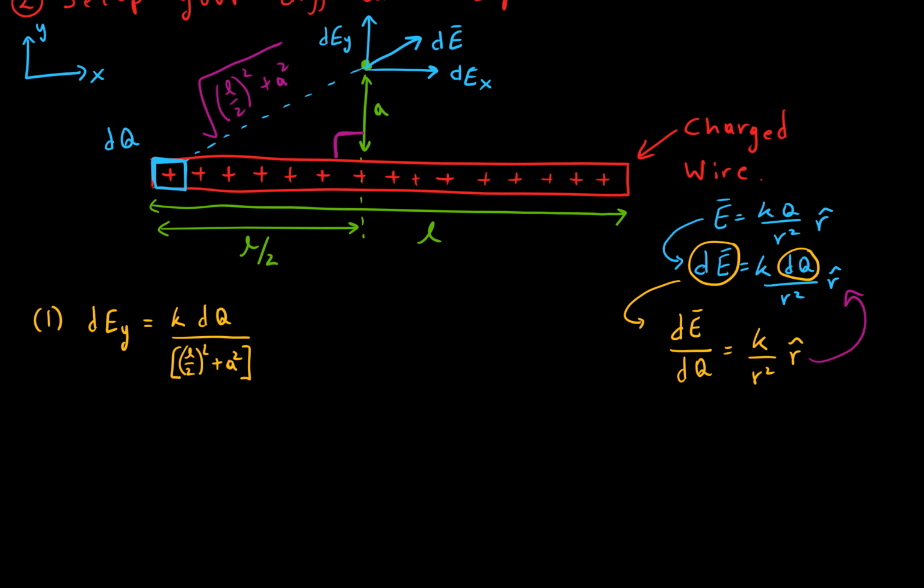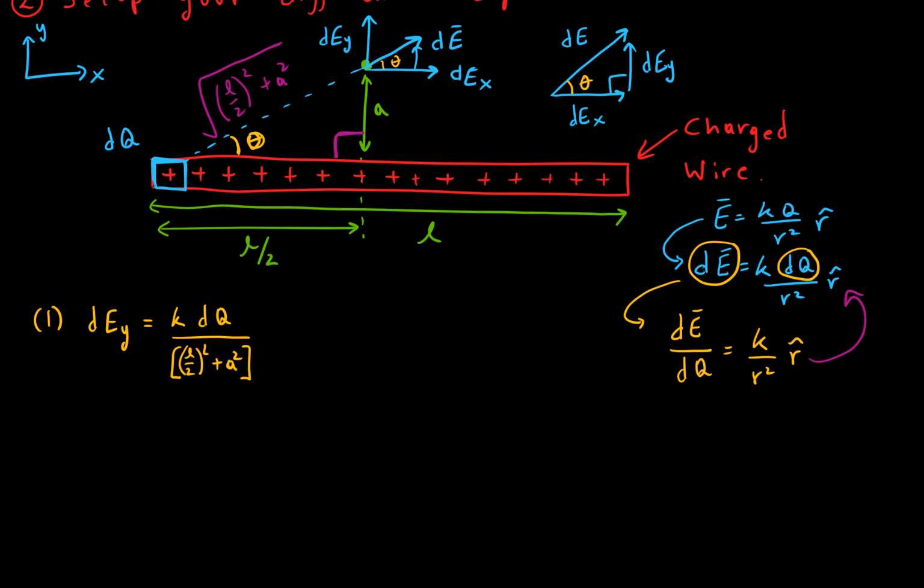But remember, this is just a y component, so if I go back to my picture again and take this triangle out of context, I see that this is dE, this is dE in the x, and this is dE in the y. If I just translate the y component vector over to form another right triangle, I see that this arbitrary angle I call theta also pops up over here.